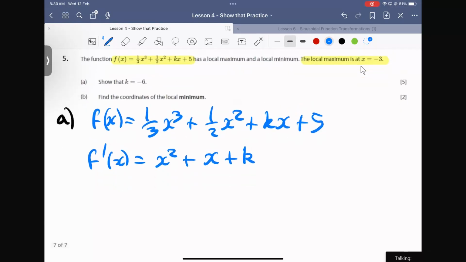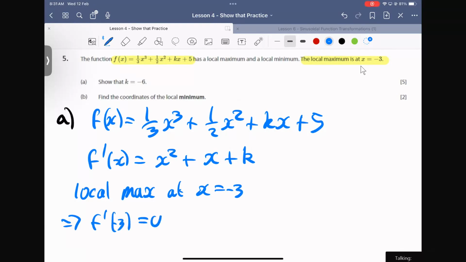So the local maximum at x equals minus 3 tells us that f prime of minus 3 is equal to 0.